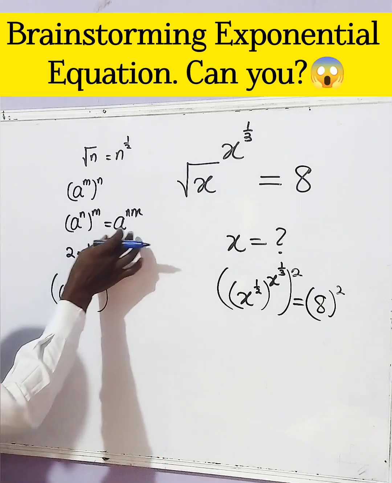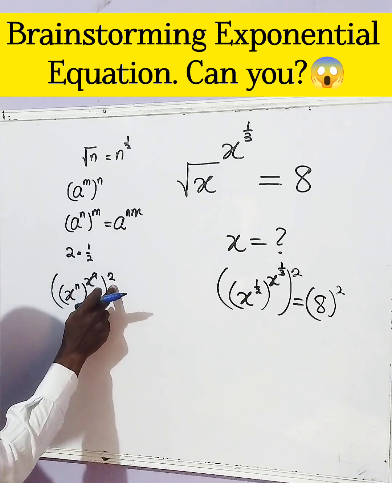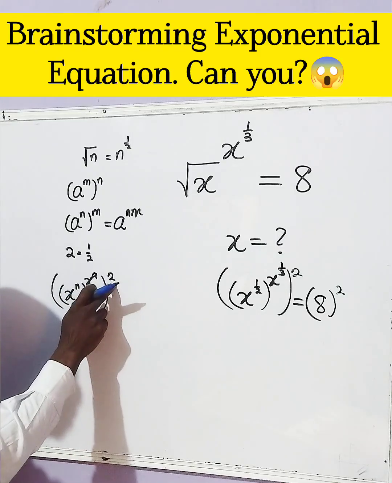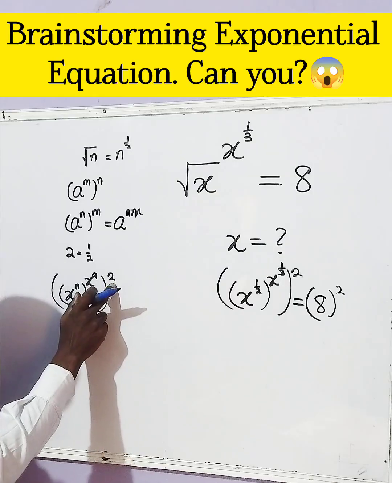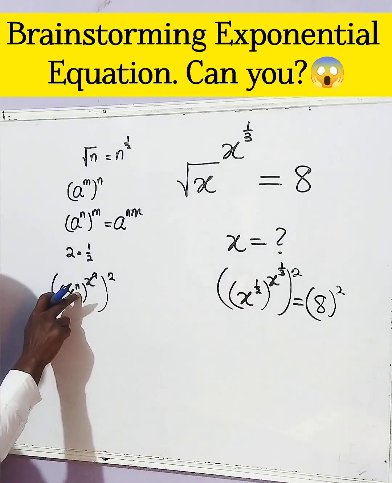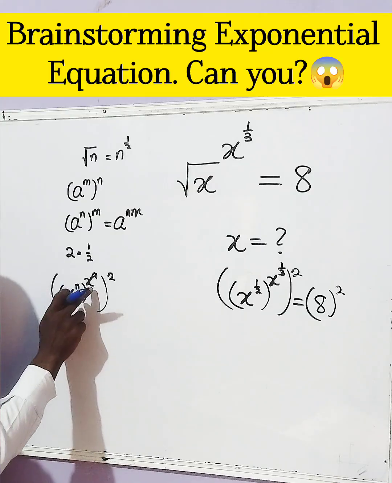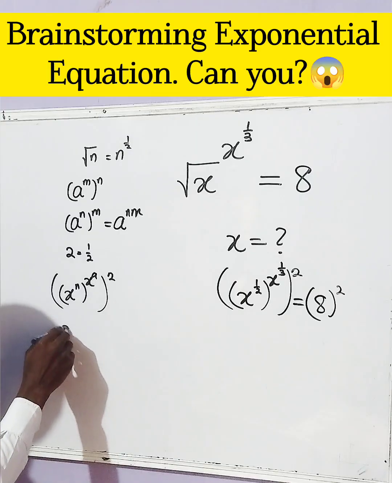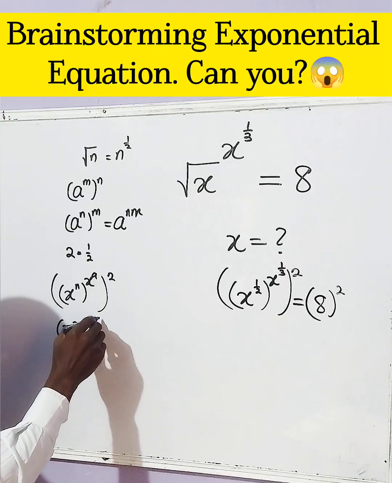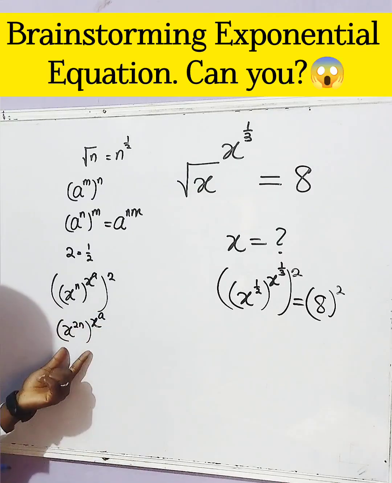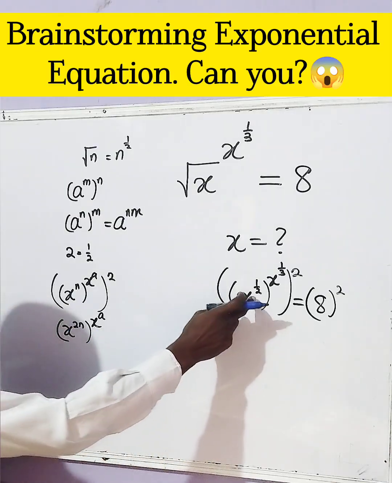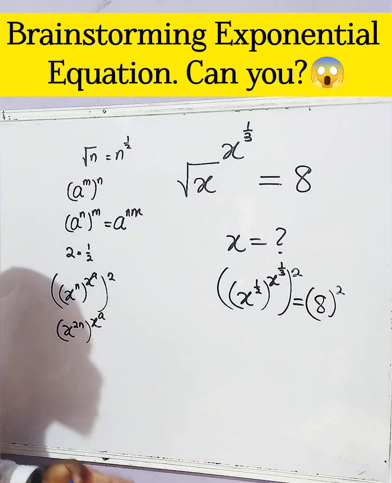This law tells me that this 2 multiplies this n, because this is a power which is commutative to this power here. So this becomes x raised to 2n, or raised to x raised to a. Applying this rule, when I multiply half by 2, I'm left with 1.